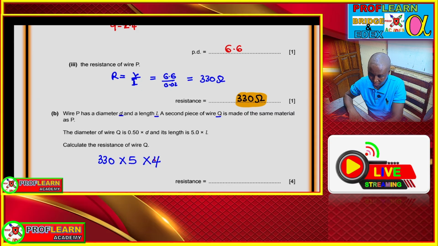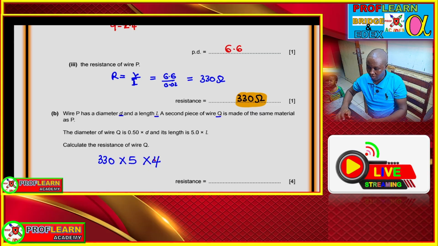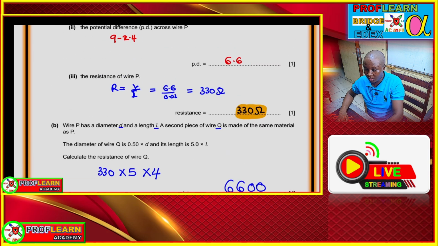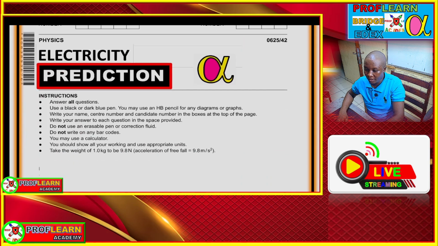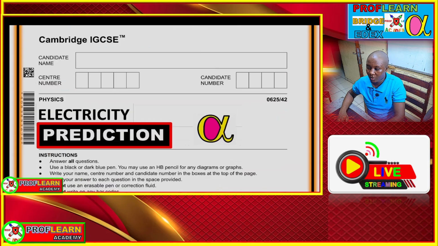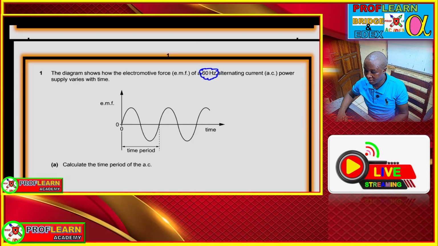If you work it out, that will be 330 times 5 times 4, which gives a value equivalent to 6,600, and that is going to mark the end of this, so that we can focus on the next tutorial.